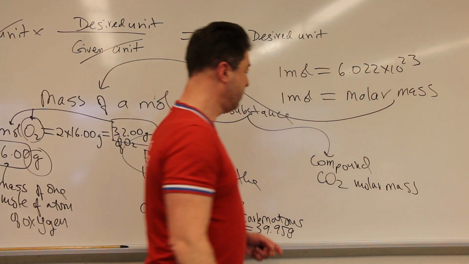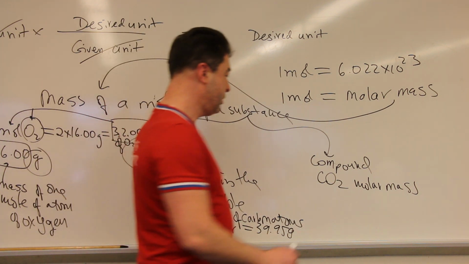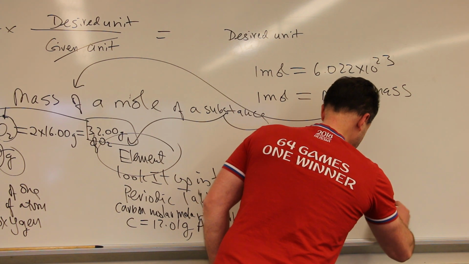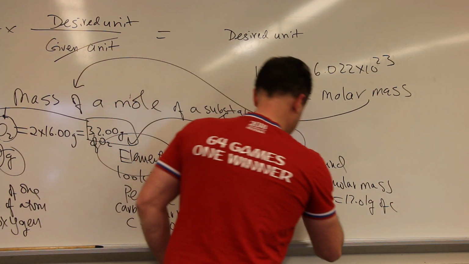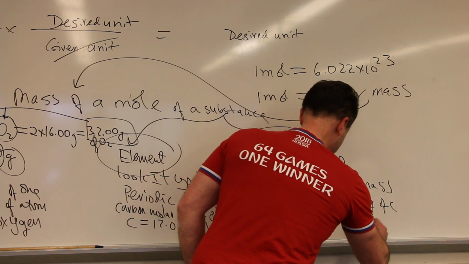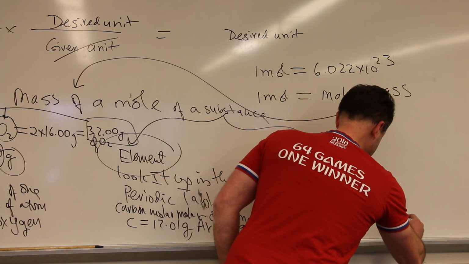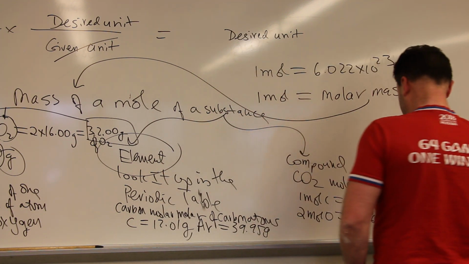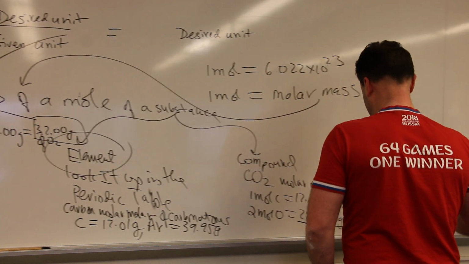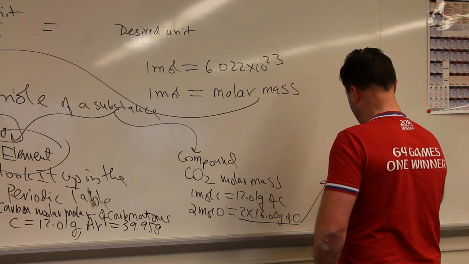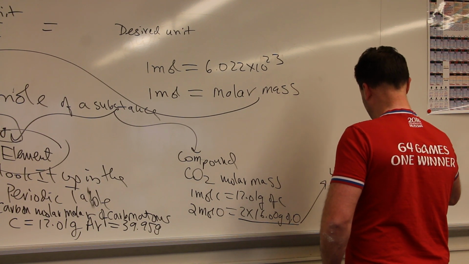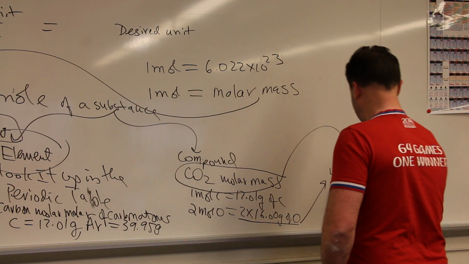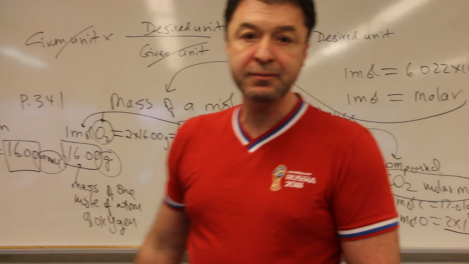Again, look at the periodic table: the mass of carbon that will contain 1 mole in this formula is 12.01 grams of carbon, and you have 2 moles of oxygen here, so you're going to do 2 times 16.00 grams of oxygen, and then add these grams. It's going to be 44.01 grams of CO2. So in other words, the molar mass of CO2 is 44.01 grams.